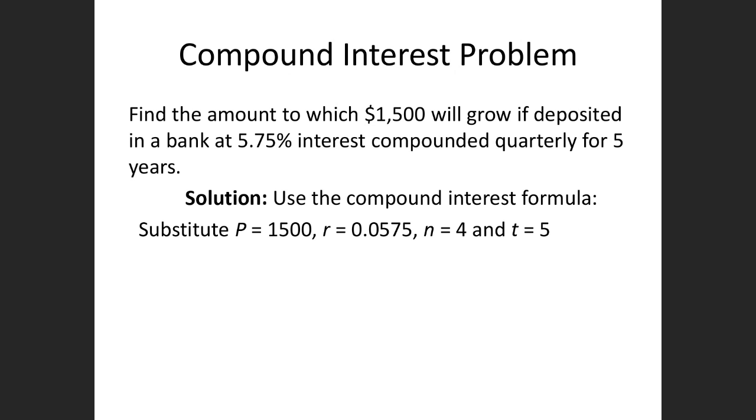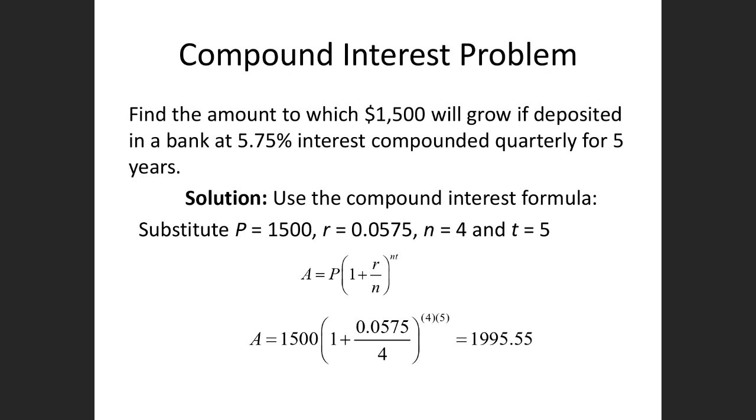Let's substitute these numbers into our equation. Our equation for compound interest is A equals P times (1 plus r over n) to the power n times t. If you're doing this with your calculator, you have to be careful to use the right number of parentheses, so I always like to break it apart to make sure I solve it correctly.